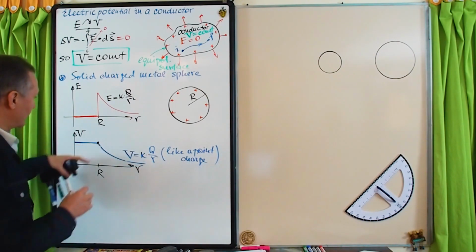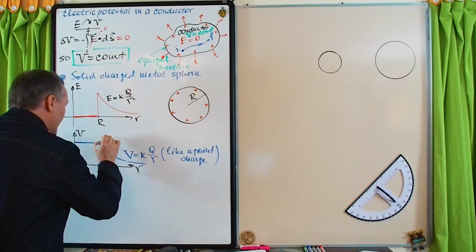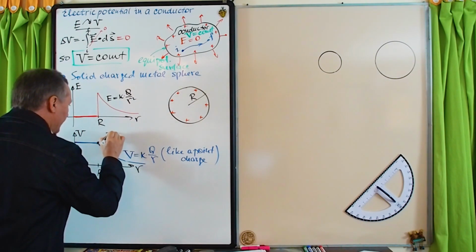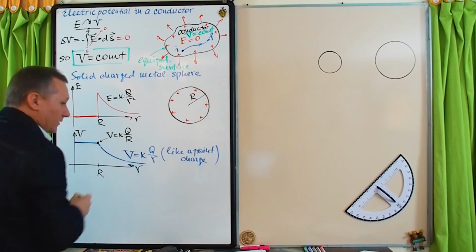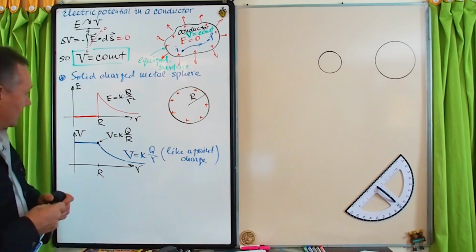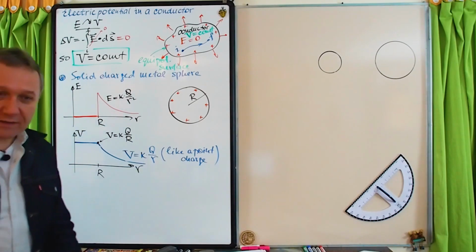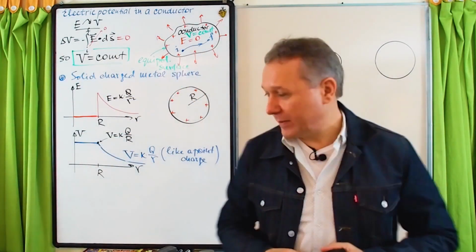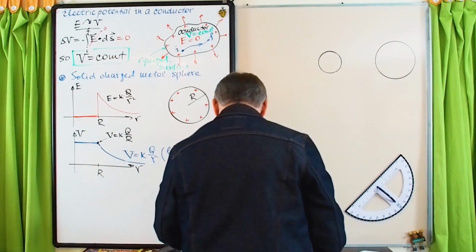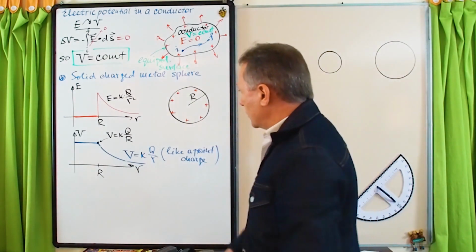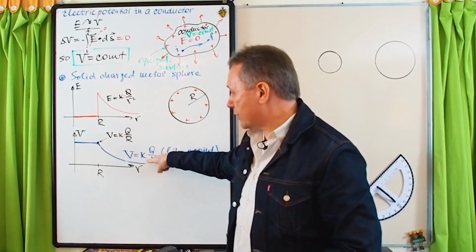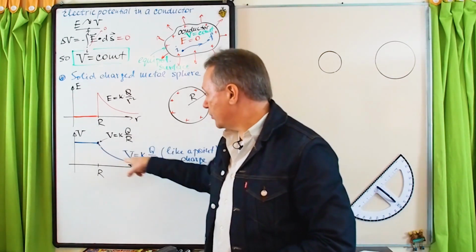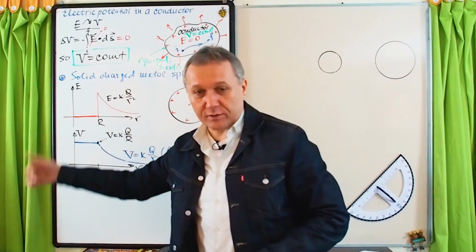So it will be V equals kQ over R. We need this for our problem. I hope you got why it is kQ over R: it's just this function at this point, and then the function stays constant.